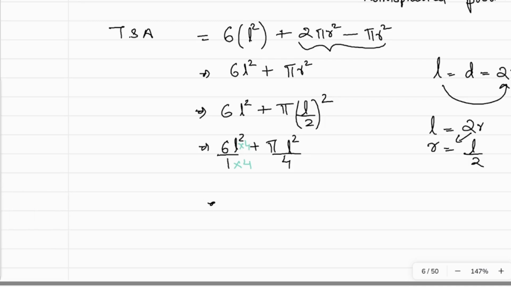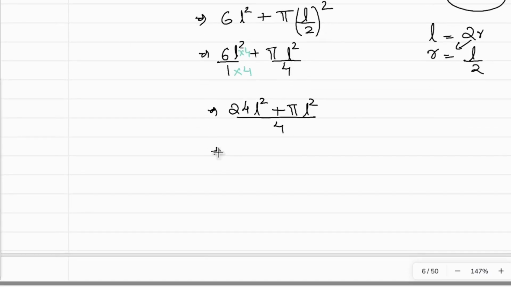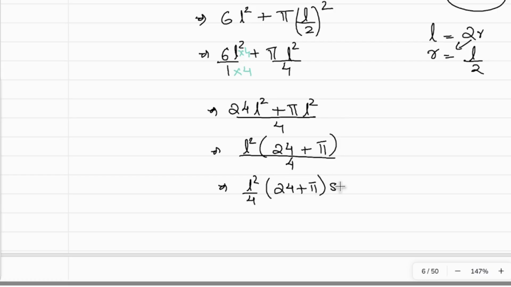So, I will be getting 6 4s are 24. 24 L square plus pi L square, the whole divided by 4. Now, I can take L square commonly outside, which is equal to L square into 24 plus pi, the whole divided by 4. This can also be written as L square by 4 into 24 plus pi square unit. This is the answer. Okay.